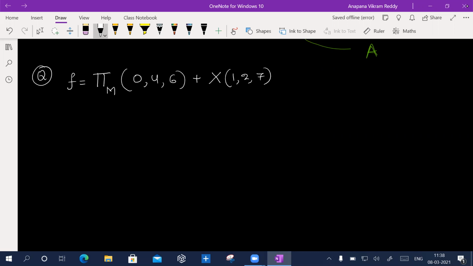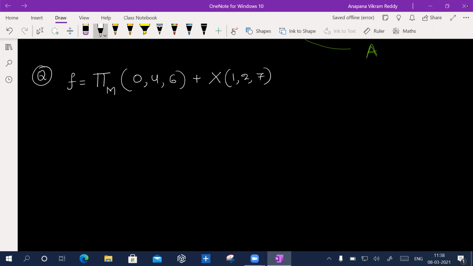For example, I have a product of max terms. What terms will we take? We will take 0, 4, 6, plus I'll take some don't cares, 1, 2, and 7.